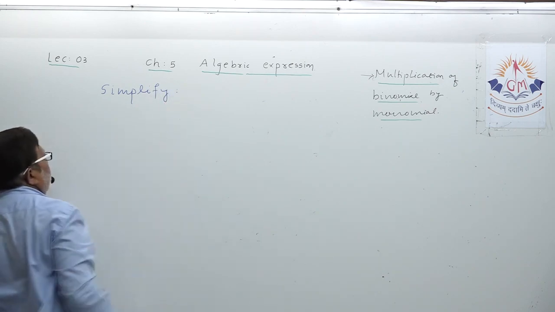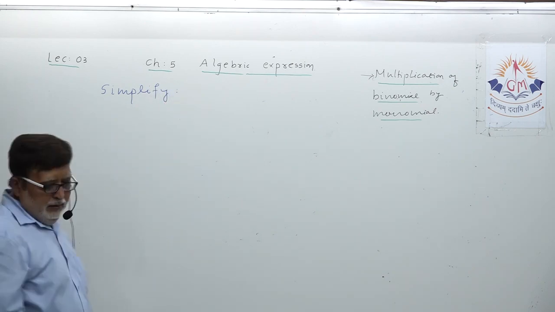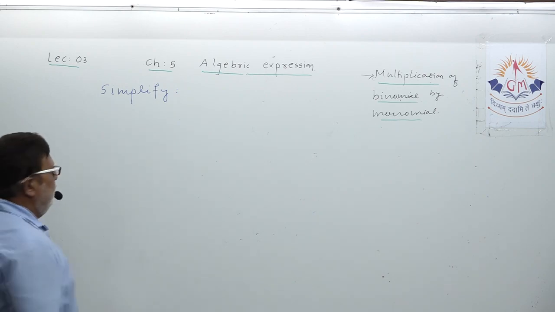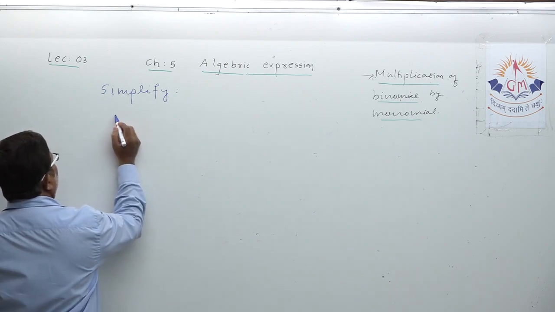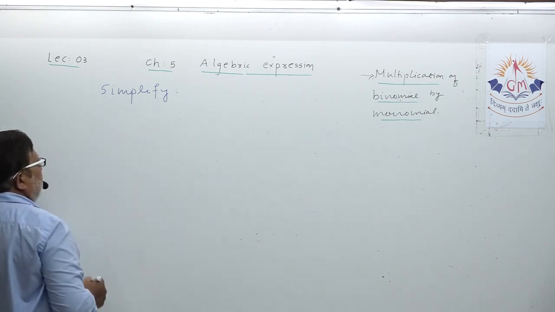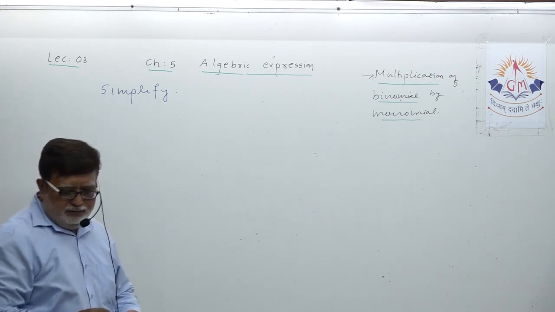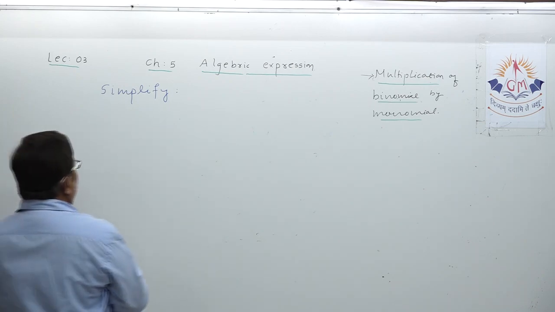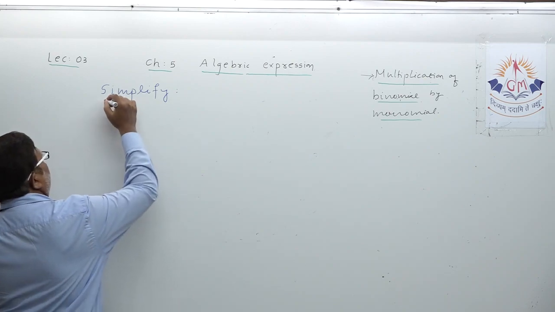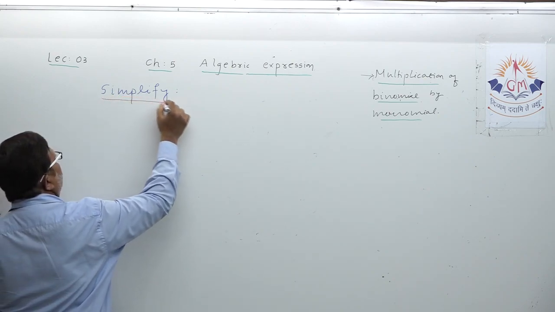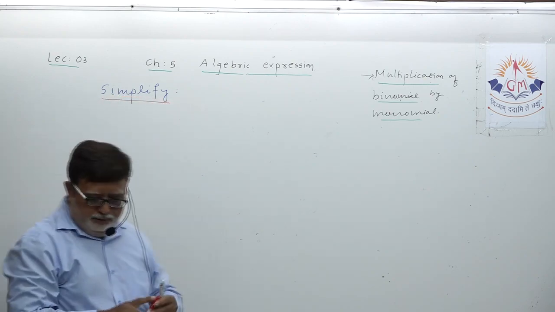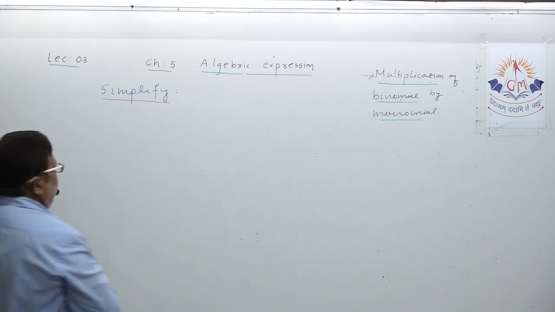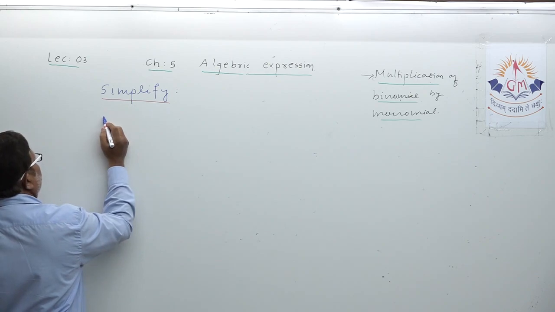Suppose this is the instruction, and one of the examples I would like to take from your textbook itself. Okay, we will take one or two examples, so that it will be good practice for all of you. Okay, simplify. Let me take one example, right? Suppose, dear student, this is the example.